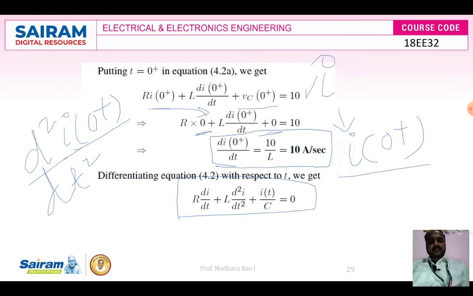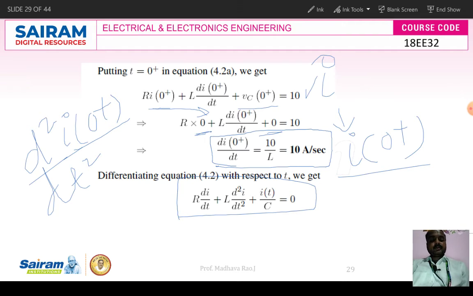Next, the i of 0 plus value is 0, so that entire term will be 0. And the di of 0 plus by dt value is 10.